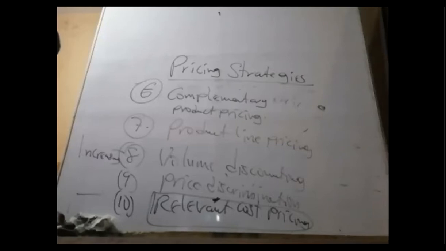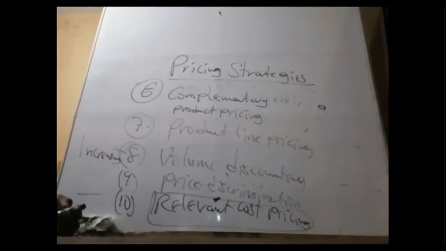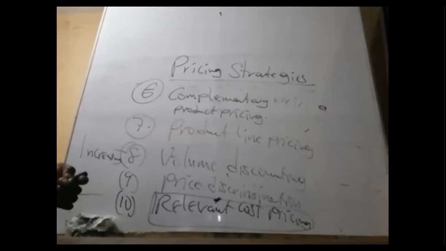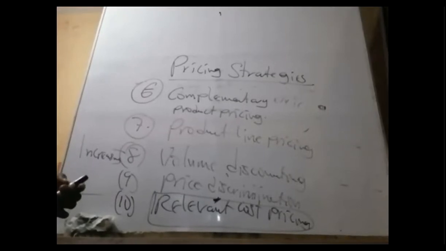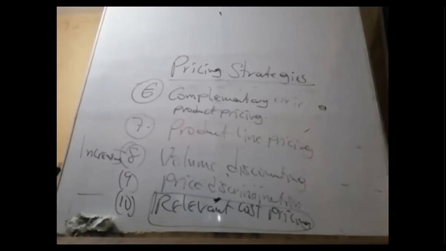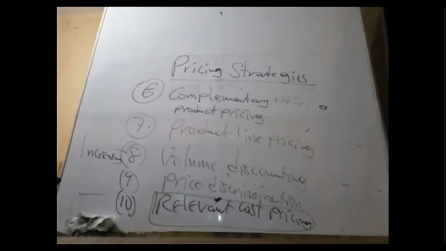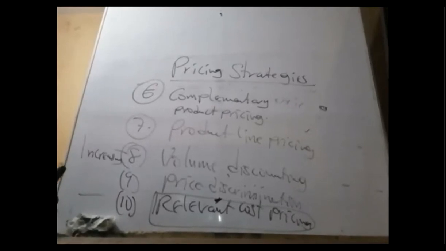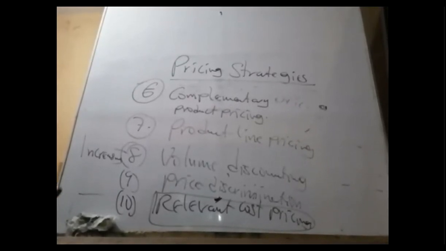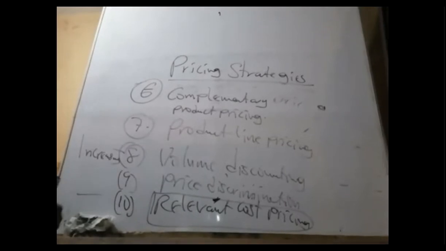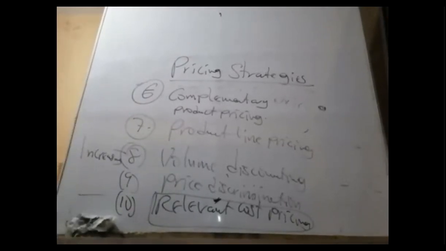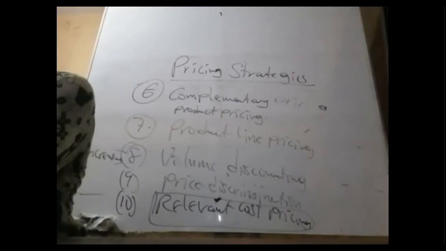If you submit it, we'll go through it. Anybody that submits it, I'll solve with you. I hope that the examiners will hear my voice and do the make or buy for us, or the limiting factor, a strong question on limiting factor, or pricing, or still the break even, the CVP analysis. So that is it.